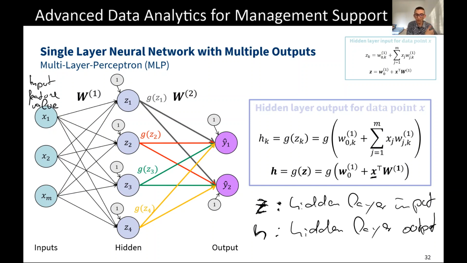First of all, we weight it using the weight matrix W superscript 1. We add an intercept. This gives us the hidden layer input. And with this hidden layer input, we then move on, apply some nonlinear function, apply some activation function. That gives us the hidden layer output.